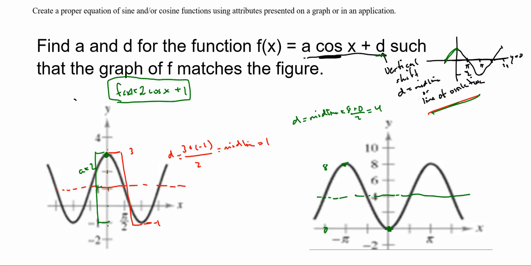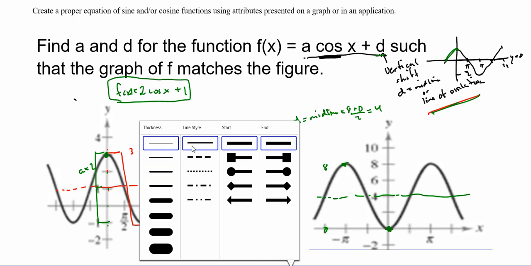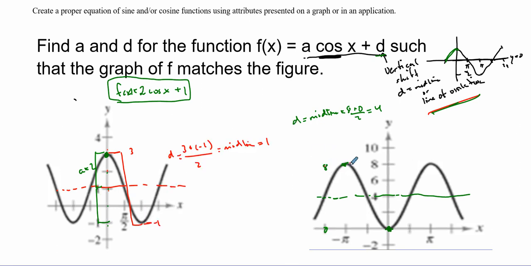To figure out our next value, what is our amplitude? The amplitude goes from the midline or line of oscillation to the top, or midline to the bottom, and that's going to be 4. Our amplitude is 4. Now, because this is reflected, instead of going up, it is going down here at the origin, we know that our A value is going to be negative.